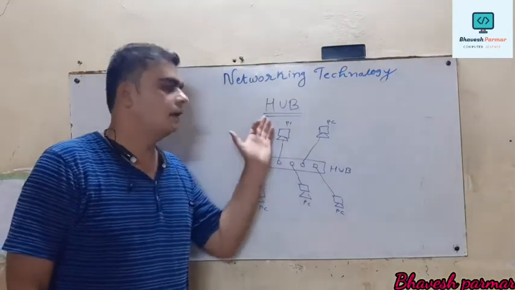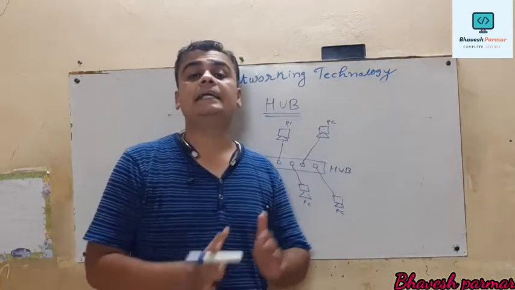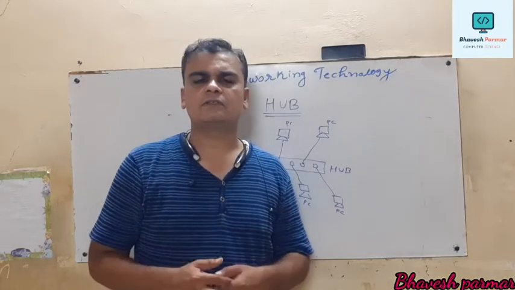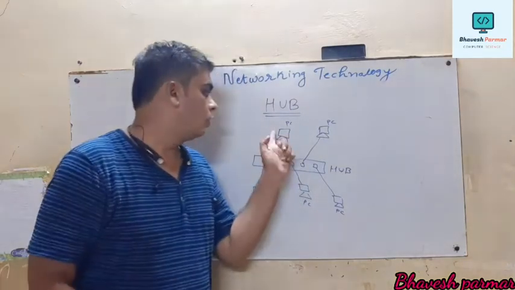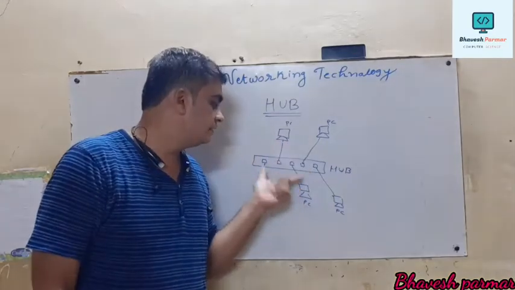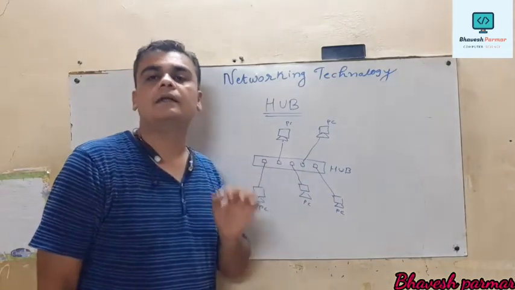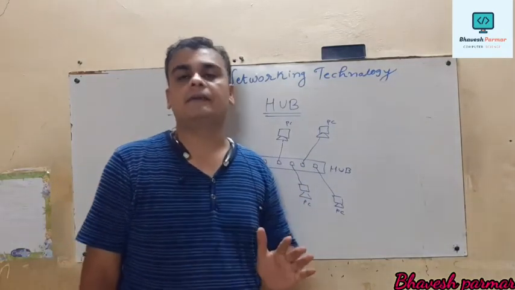Generally hub is also called a central network connecting device. It means all the computers in a network are connected with this device only. That's why it is called a central network connecting device.